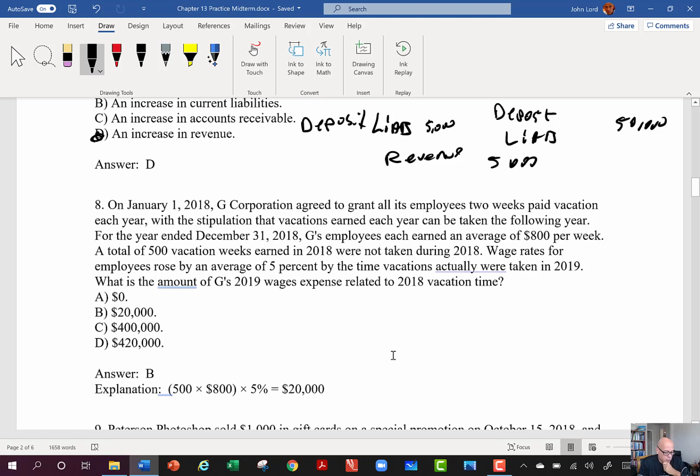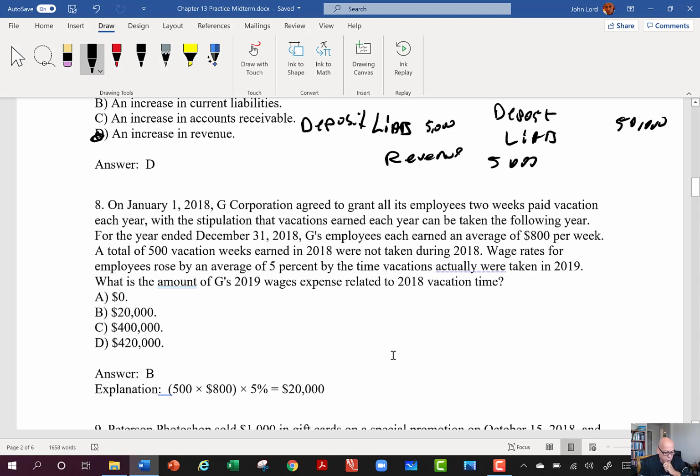Okay, so you take a look and we see on January 1st, 2018, G Corporation agreed to grant all its employees 2 weeks paid vacation each year with the stipulation that the vacation earned each year can be taken the following year. For the year ended December 31st, 2018, G's employees each earned an average of $800 per week.